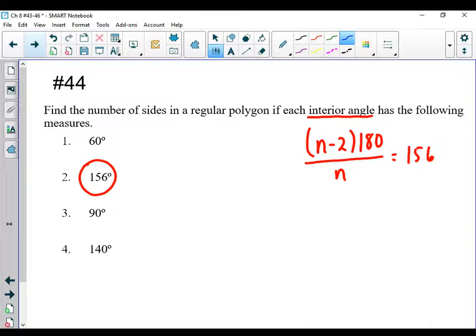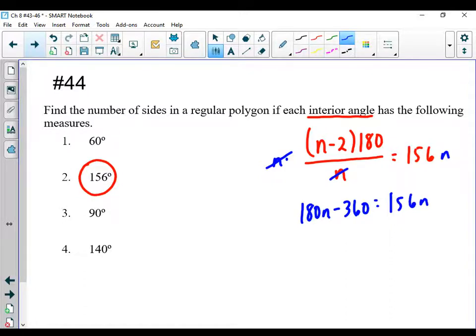Well, I probably want to get rid of the fraction, so I'm going to multiply both sides by n. I'm also going to go ahead and distribute that 180. So I have 180n minus 360 is equal to 156n. And so now I can solve it in a couple steps.